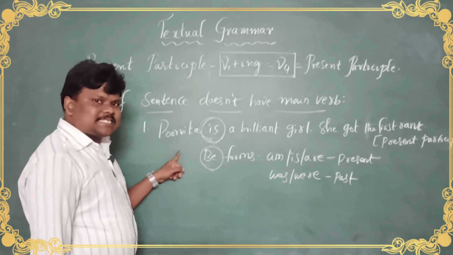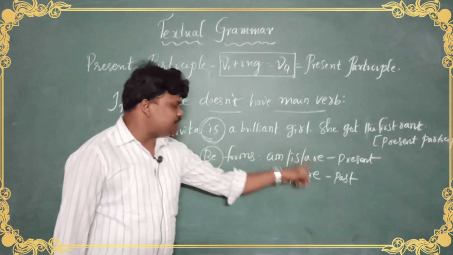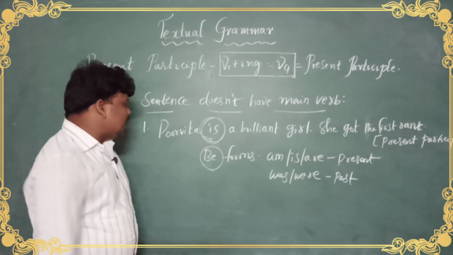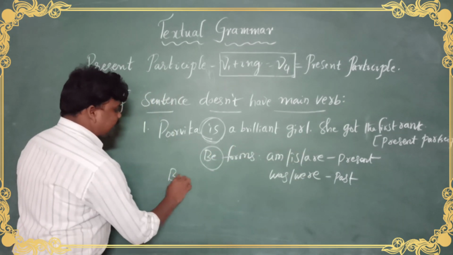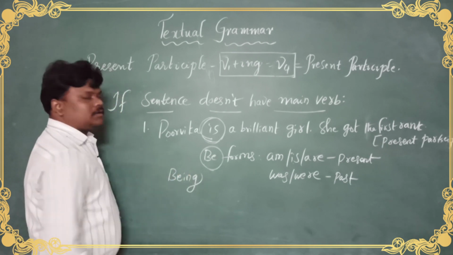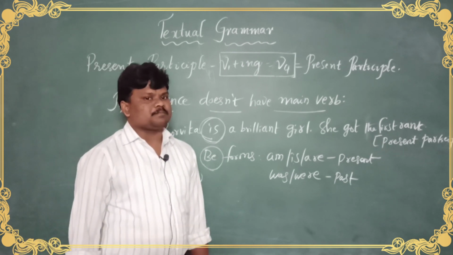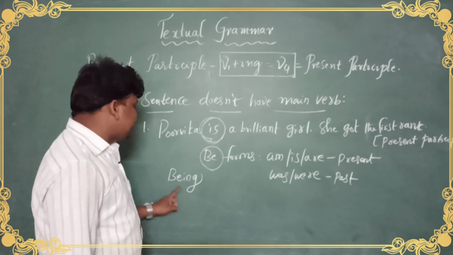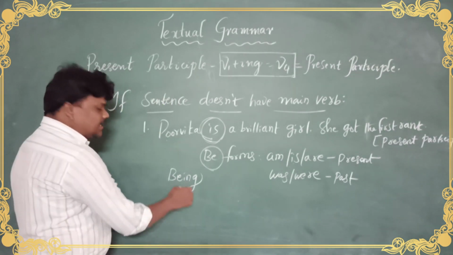As it is a B form, if a sentence came with these B forms, immediately begin your answer with being. Being. What is the answer, my dears? Being. Why did we start with being?